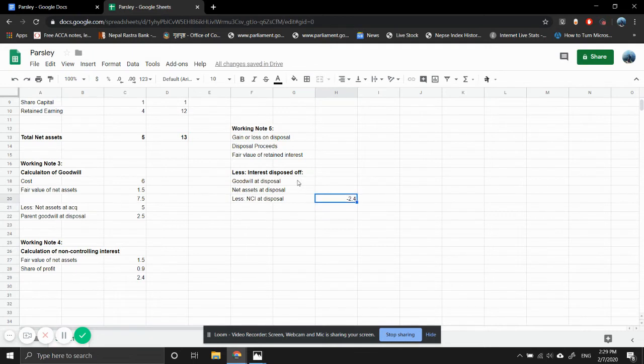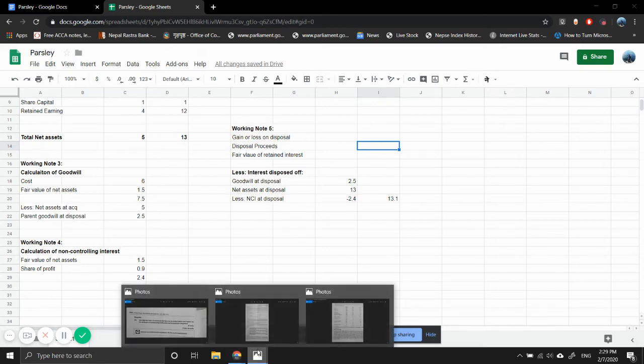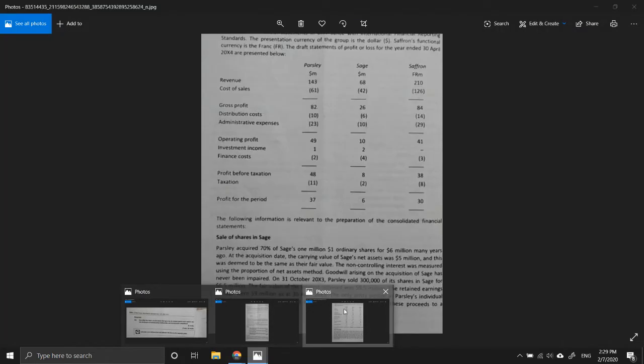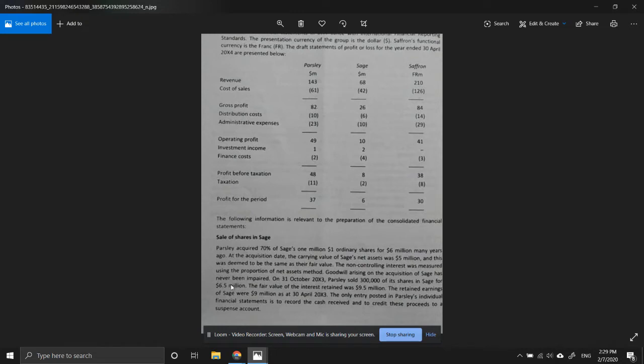Sorry. So once that's done, let's put our net assets at disposal. And goodwill at disposal is 2.5, right? Since there has not been any impairment, so the sum of all this will be that. And then how much did we get upon selling it? 6.5, and then retained interest was 9.5.